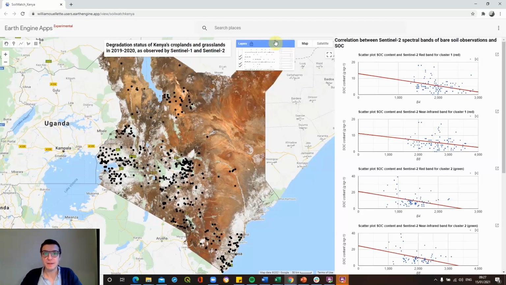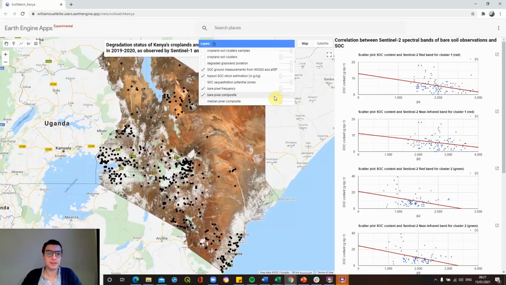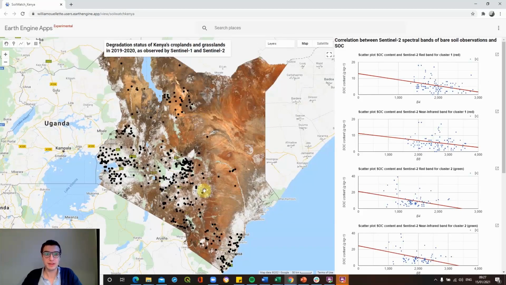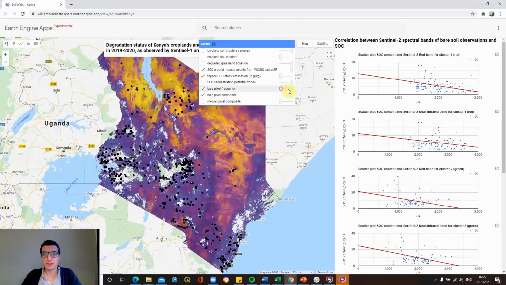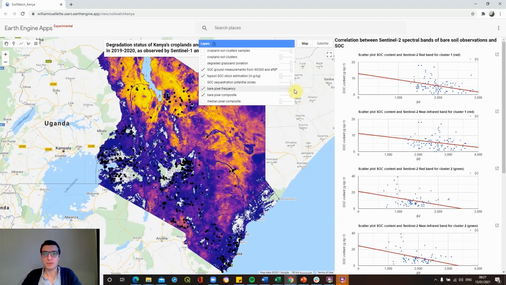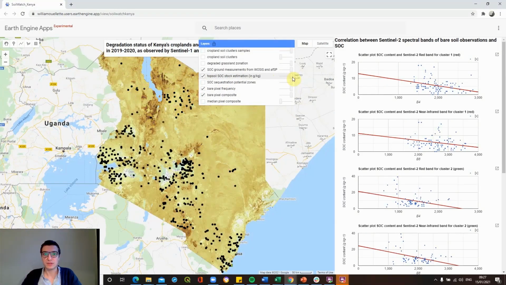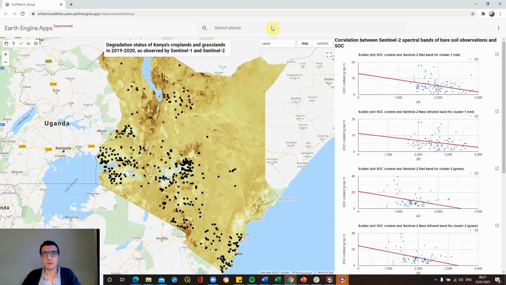And this is something which, once again, combining the bare soil composite data from Sentinel-2, alongside with the bare pixel frequency, we get to a topsoil estimation of soil organic carbon.